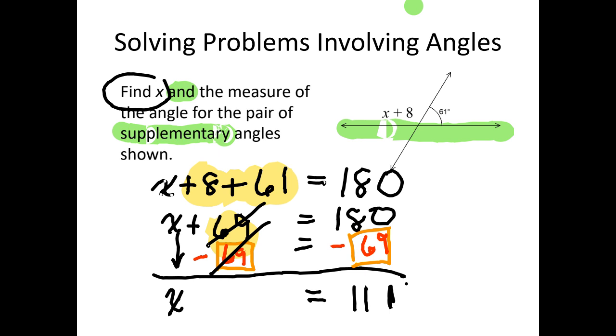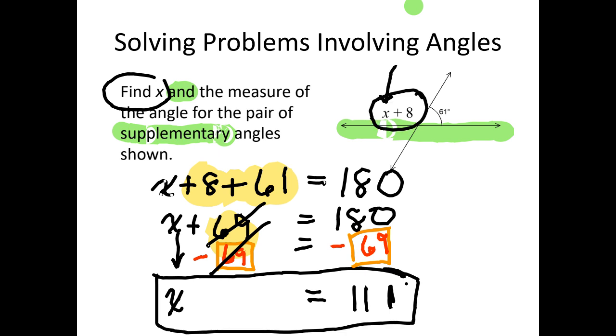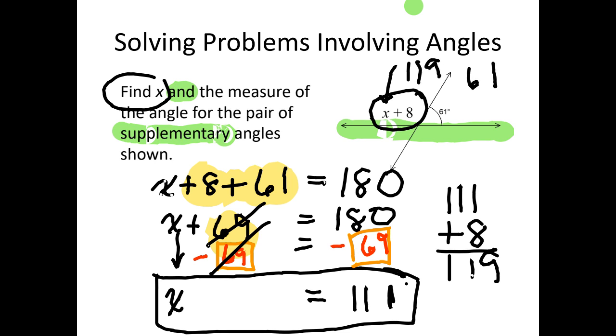But I now have to find this part. 111 plus 8 is 119. 119 and 61 had better add to 180.